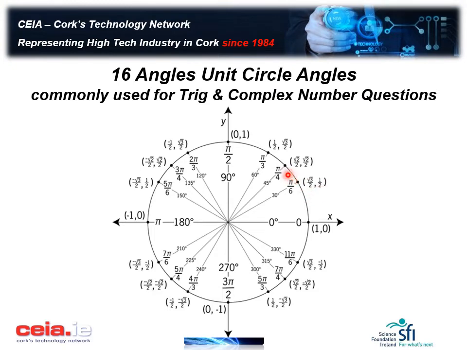Moving on up to 45 degrees, which is pi over 4 radians. Cosine of pi over 4 radians is root 2 over 2, and sine of pi over 4 radians is root 2 over 2. For pi over 3 radians, you can imagine dropping this point down to the horizontal axis. It's about halfway between 0, 0 and 1, 0.